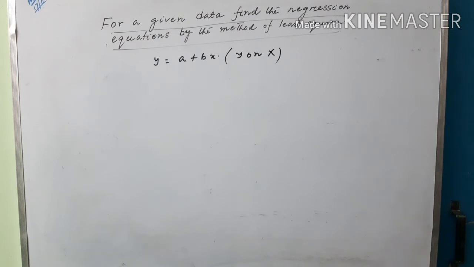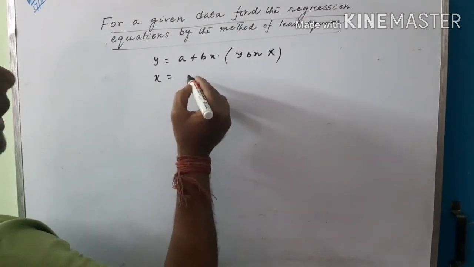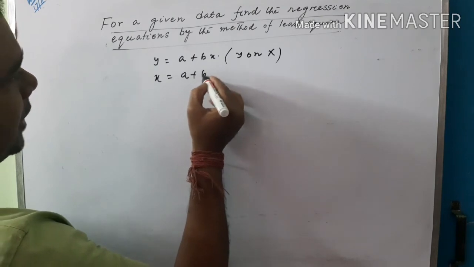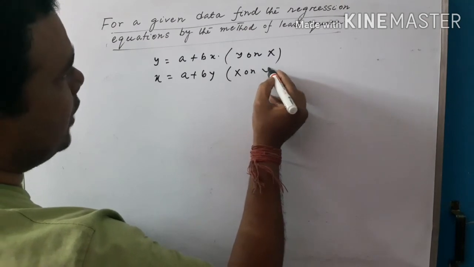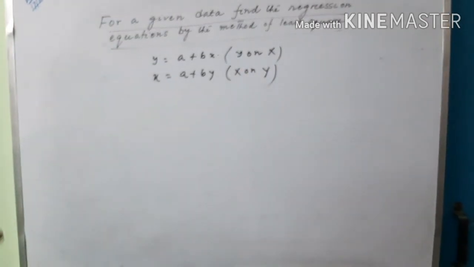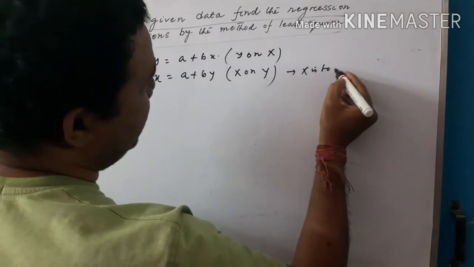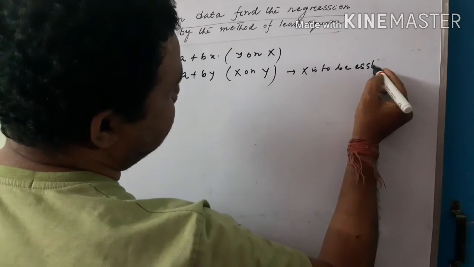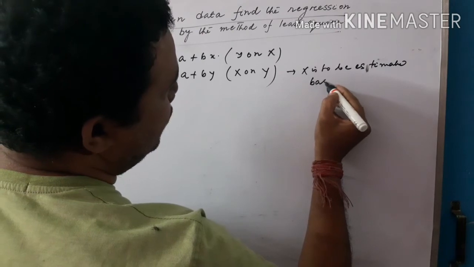Another regression equation is used to estimate x based on y, and it is of the form x equals a plus by. This equation is called x on y, which means x is to be estimated based on y.